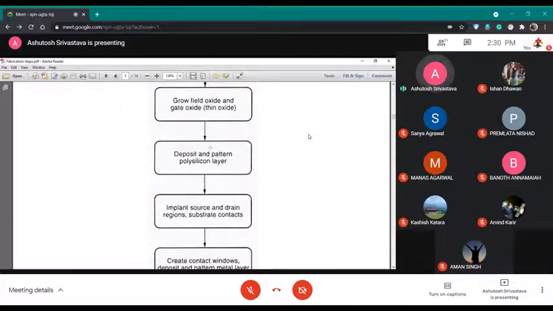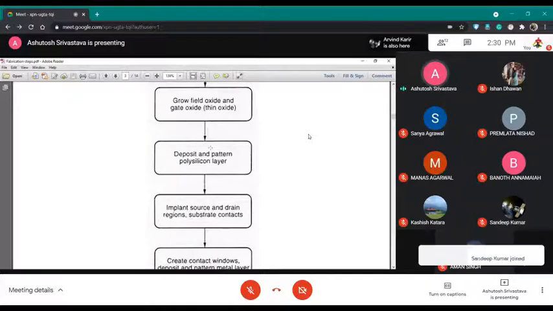Once you have this patterning of the polysilicon, you go to the next step, which is implantation of source and drain region. So there is an ion implanter, and this basically forms your N plus region in the substrate.